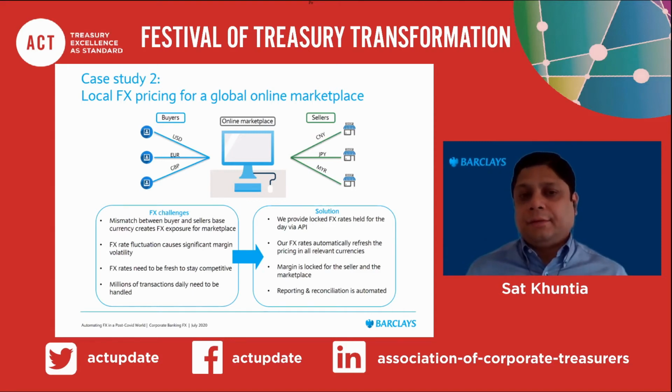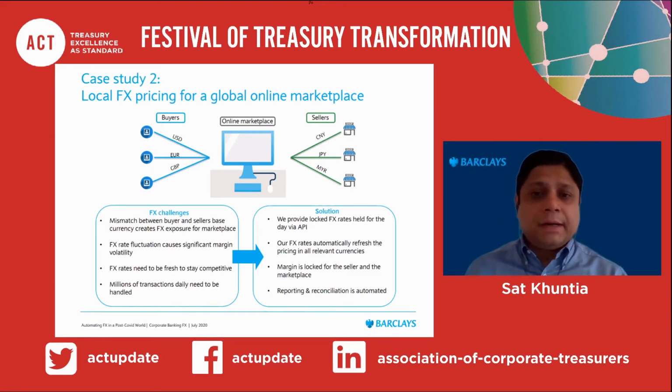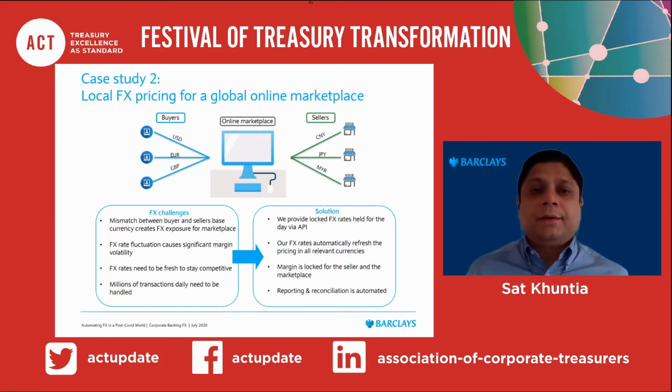Their platforms then absorb those guaranteed rates for 24 hours and reprice all their products and all their websites. So for instance, if we've sent them US dollar Malaysian ringgit, then the Malaysian ringgit sellers' goods will be priced in US dollar early in the morning their time, and it stays locked for 24 hours.